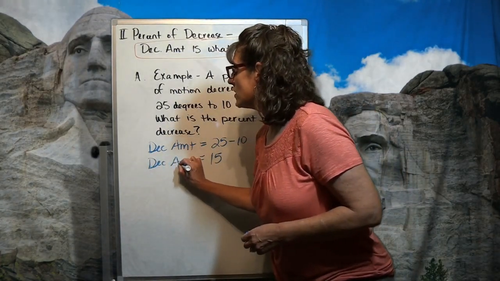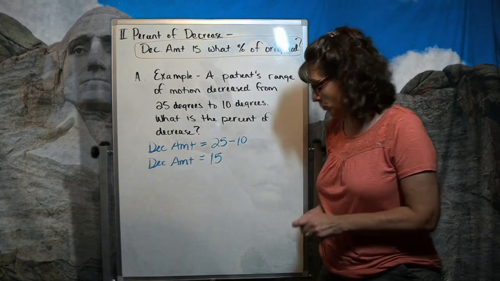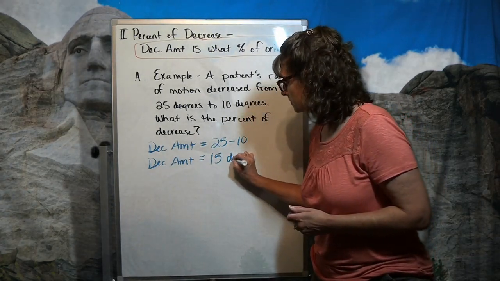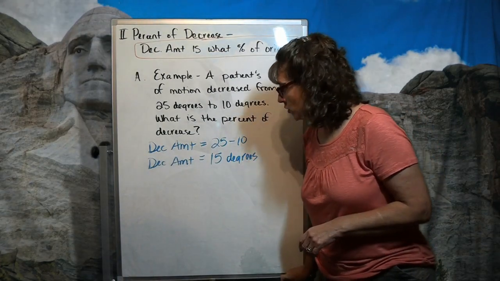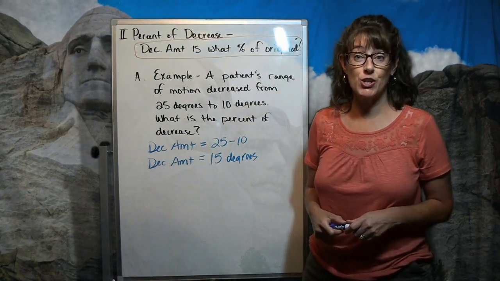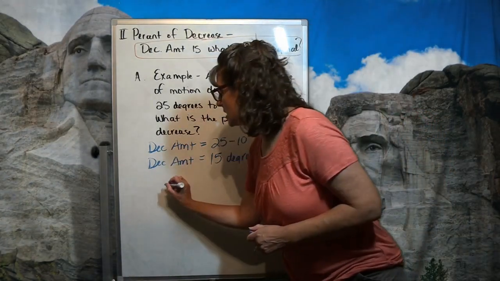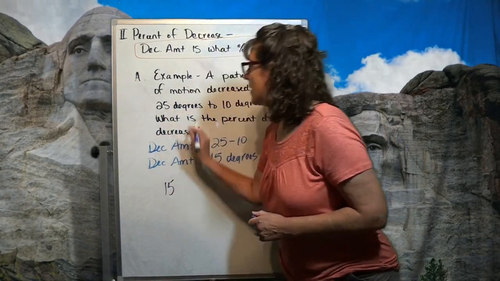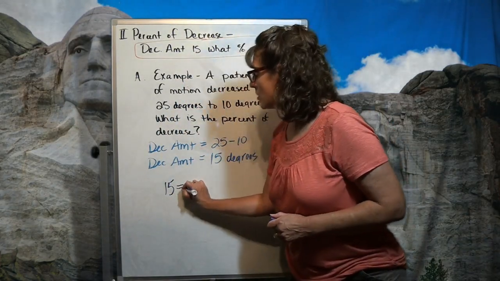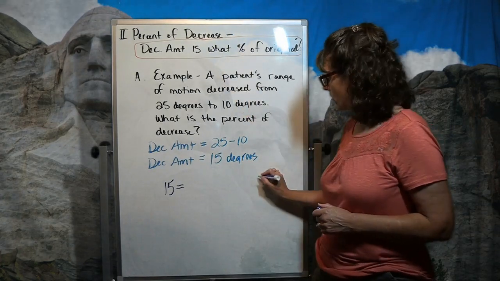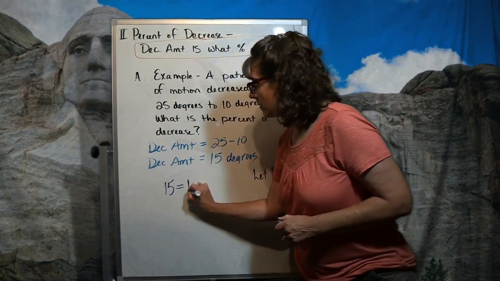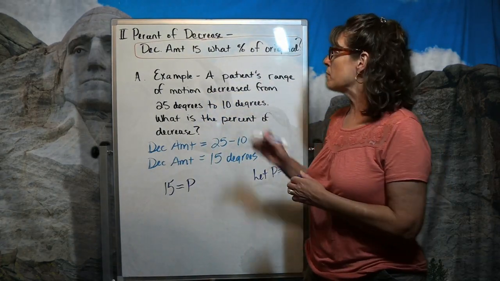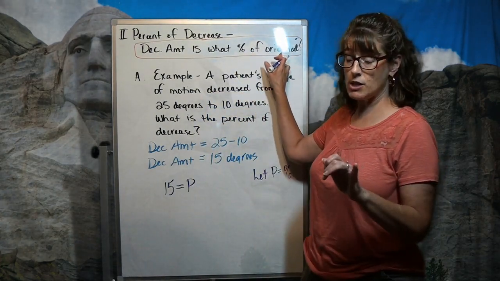So that decrease amount of 15 degrees is what percent of my original that I started with. So my decrease amount of 15 equals, the percent is what I'm looking for, so let's again let P equal that percent. And remember, it's a percent of, meaning multiplication, the original.